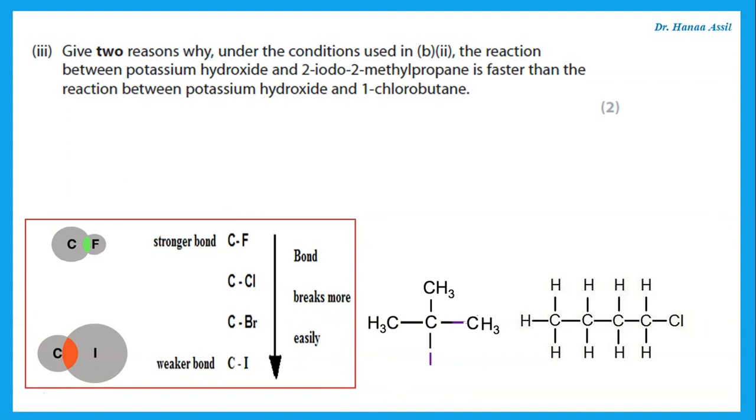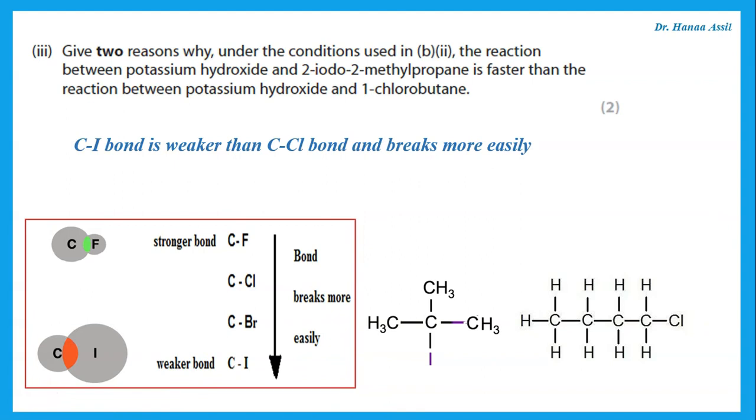So as we go down group 7, you should realize that the carbon-halogen bond becomes weaker, more easily broken, and that is because the halogen becomes bigger, with less attraction between the bonding electrons and the positive nucleus of the halogen. So the C-I bond is weaker and more easily broken than the C-Cl bond.